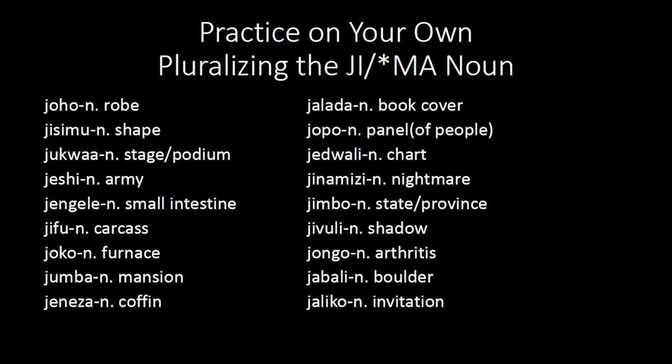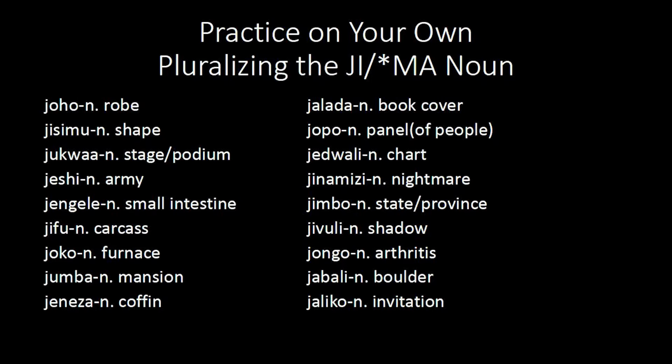So you'll need to practice on your own pluralizing these words. You just, as we've already indicated, take the word, leave it intact, and add the letters MA to them. These are some nice words. Robe, Joho, shape, Jisimu, stage, Jukwaa.